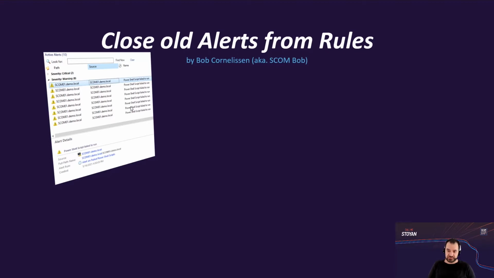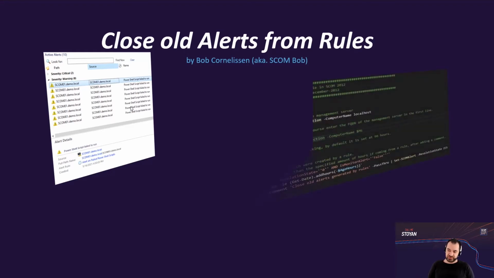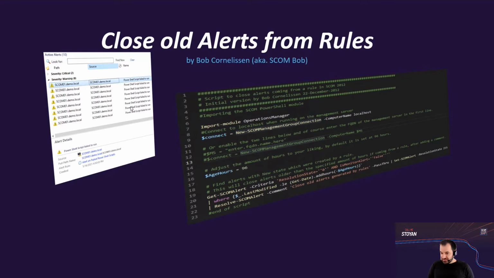You could have lots of alerts coming from rules, and they tend to gather up over time, so at some point you would like to close them all. What you can do, of course, is sort them in the console and click on close. But if there are really large numbers of those, the best way is to use this script.